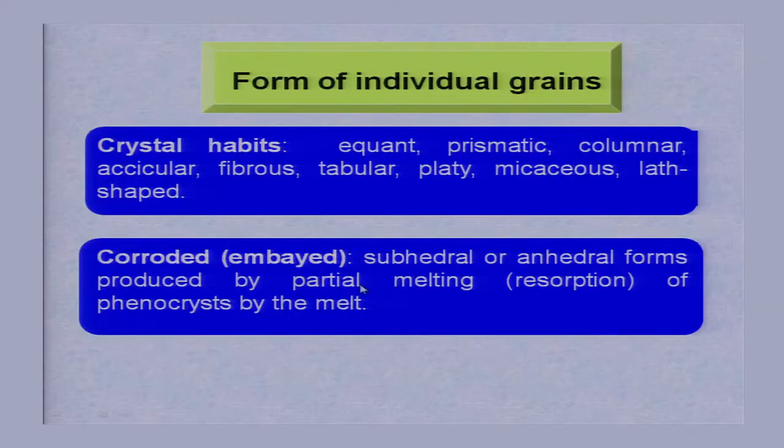The second category is corroded or embayed crystals. Subhedral or anhedral forms are produced by partial melting as a result of reabsorption of phenocrysts by the melt. When the early formed crystals are reabsorbed by the melt, embayed or corroded margins are developed.